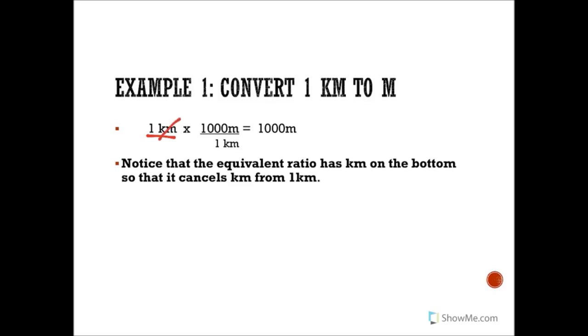Kilometers cancels off with kilometers on the bottom, so anytime you have a unit on the top and a unit on the bottom, those two cancel off, and we're left with meters on the top. So 1 times 1,000 divided by 1 is equal to 1,000 meters. We notice that the equivalent ratio has kilometers on the bottom so that it cancels out kilometers from 1 kilometer.